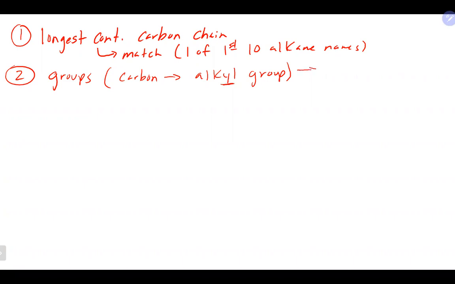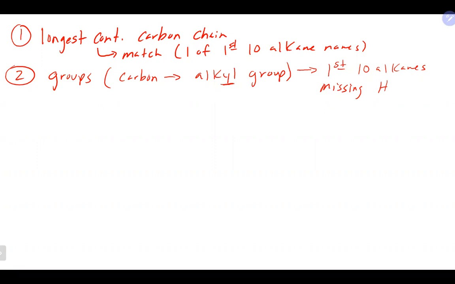The major difference is it will be missing one hydrogen, as we talked about, and that is what allows it to connect in. So if it's a one carbon group, instead of methane, it is known as a methyl group. If it's a 3 carbon group, instead of propane, it is known as a propyl group.